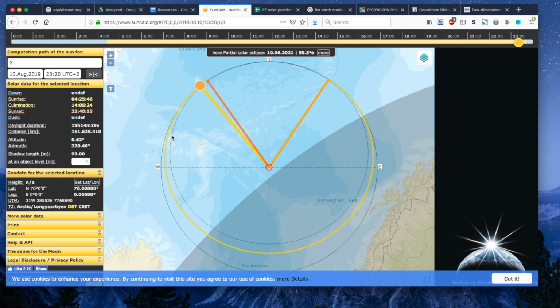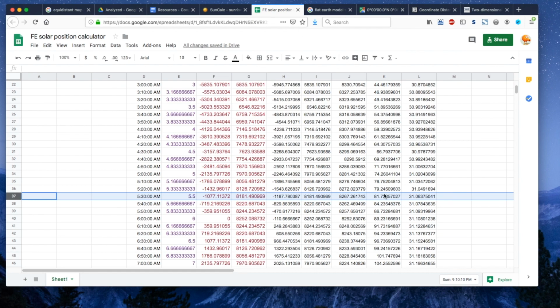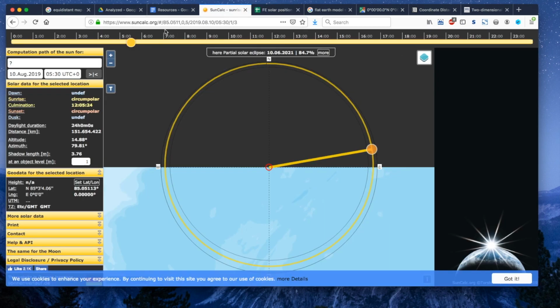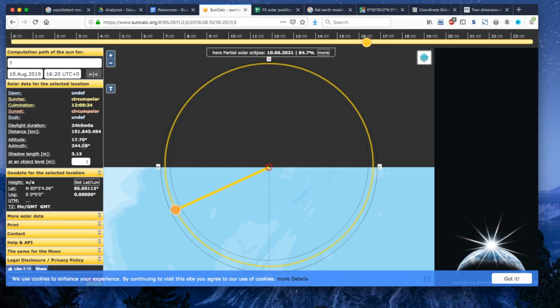The closer you are to the center of the Earth, or in other words, the closer you are to the North Pole, it seems the more accurate this model is. 5:30 in the morning, 3181, 1479. The azimuth is correct in this case, the altitude is not. Let's go over here. 420, 31, 245, 17, 244.